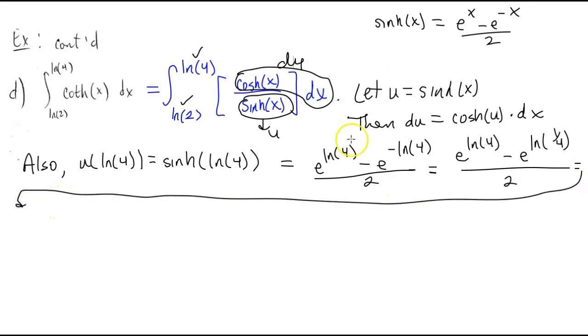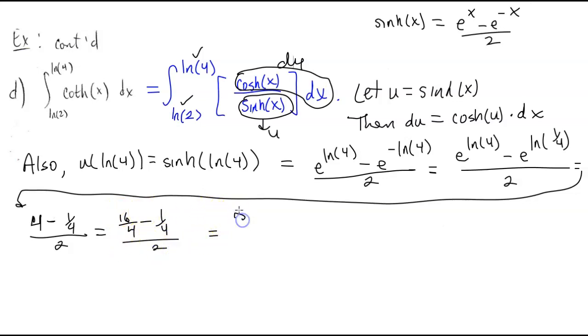And so now we know via our exponential and logarithm properties that e raised to the natural log of 4 is just 4, and e raised to the natural log of 1/4 is just 1/4. And all that divided by 2. And so now we just simplify here. So this 4 can be rewritten as 16 over 4.